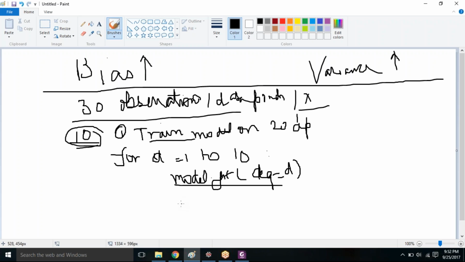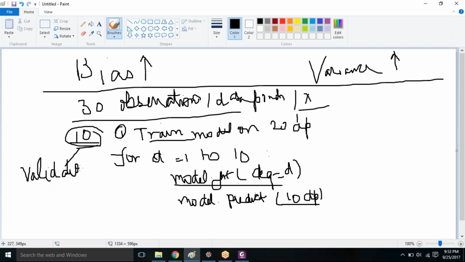And then from this particular model I will predict these 10 data points which were left out. These 10 data points which I have separated out from the previous observations are called the validation set.